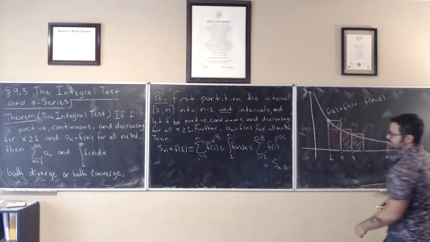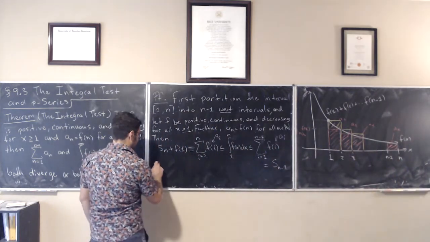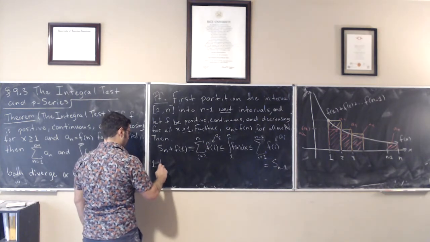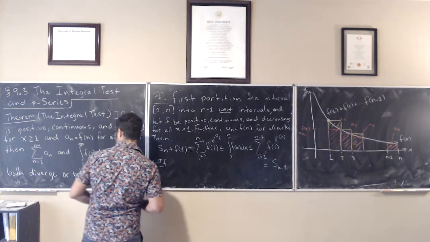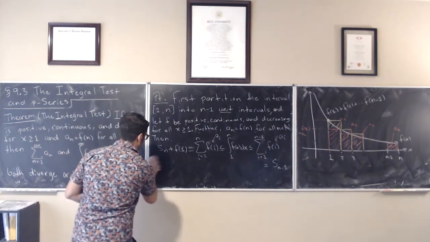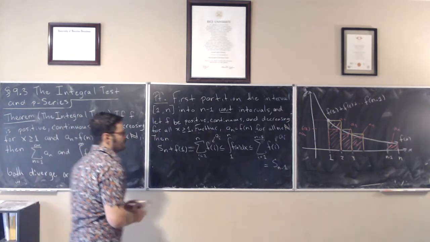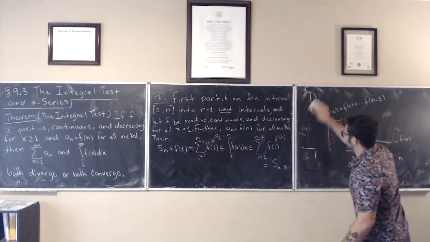So now that we have this inequality, I need to erase that picture. So now the idea is just to take n to go to infinity.